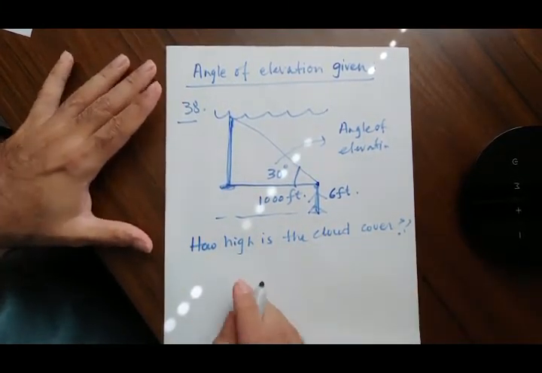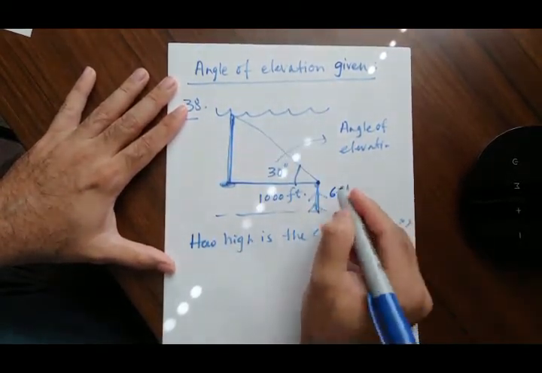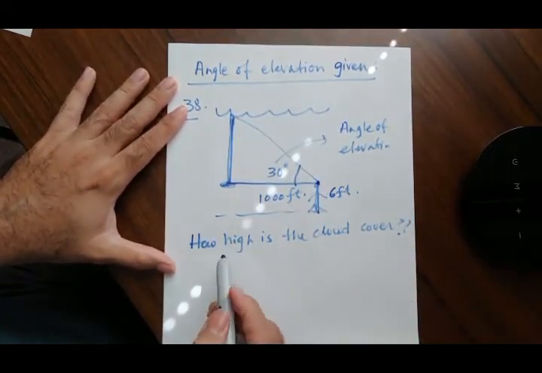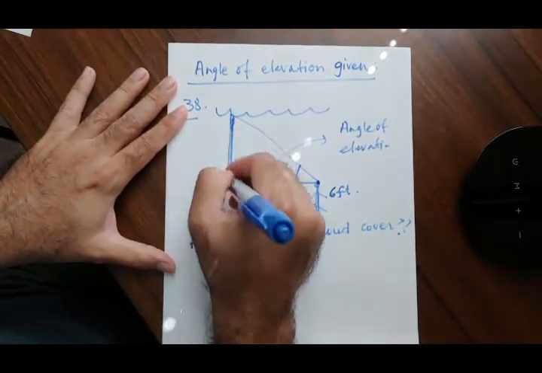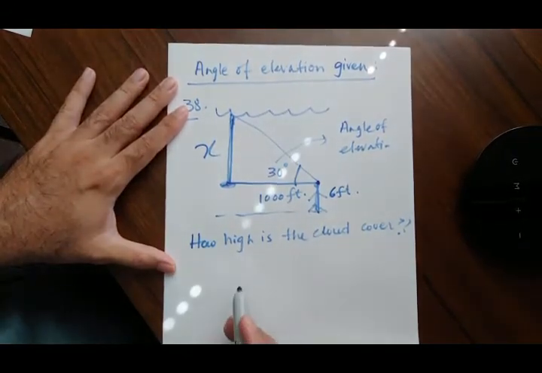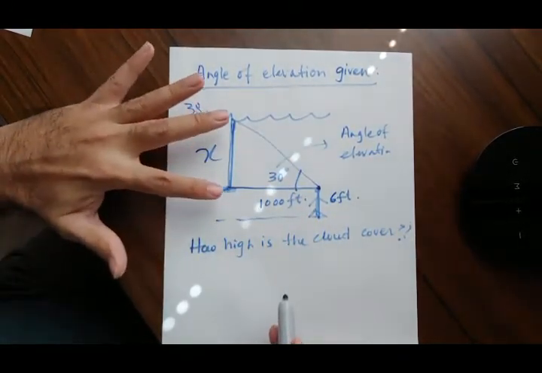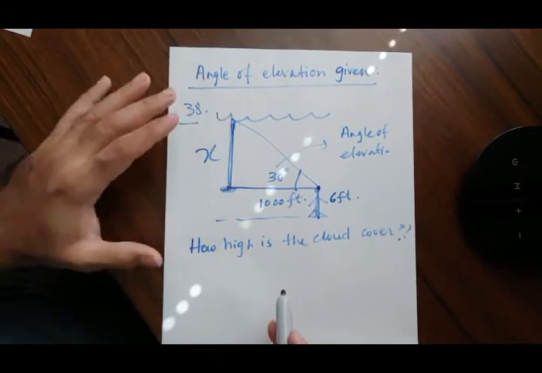That's what we want to figure out. Okay, so first of all, this is a right angle triangle, so we definitely can figure out this height here. I'm just denoting this height by x, so we are trying to figure out the height from the searchlight to the cloud.